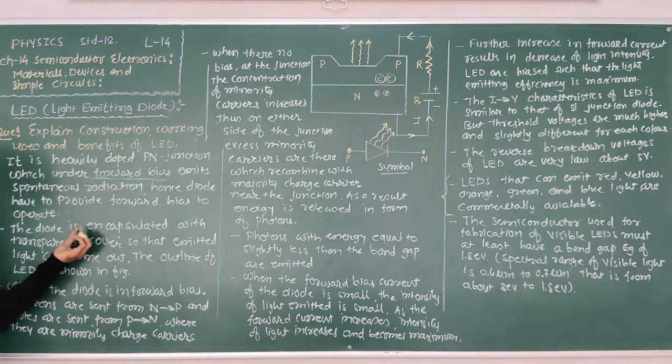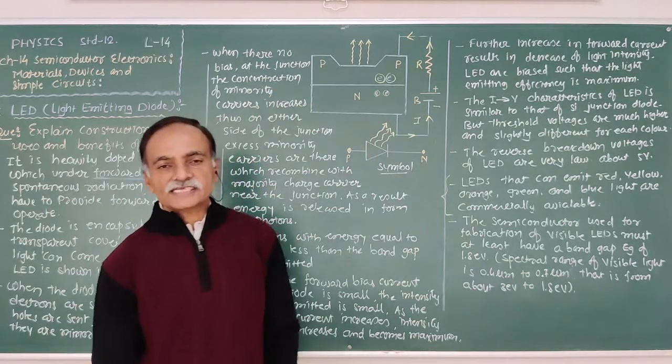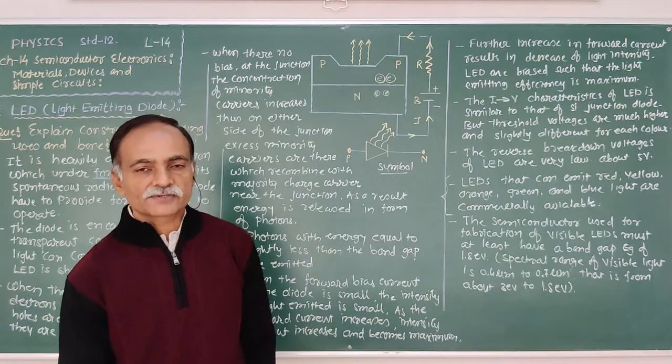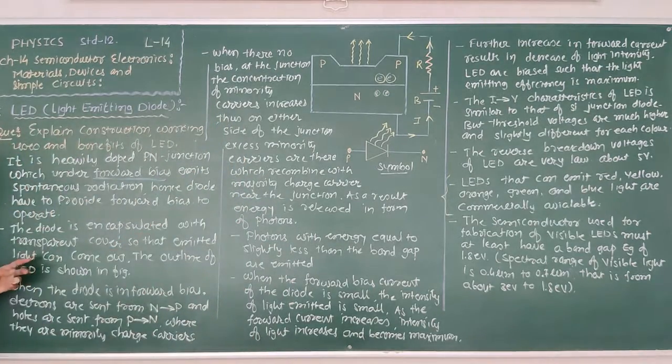The diode is encapsulated with a transparent cover so that the emitted light can come out. The outline of the light emitting diode is shown in the figure.